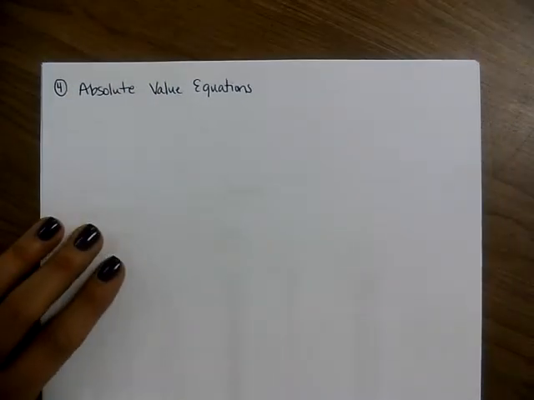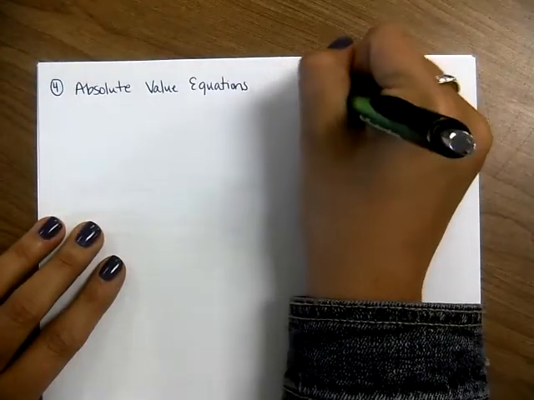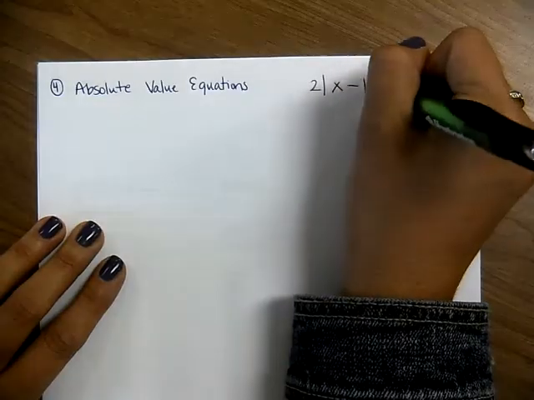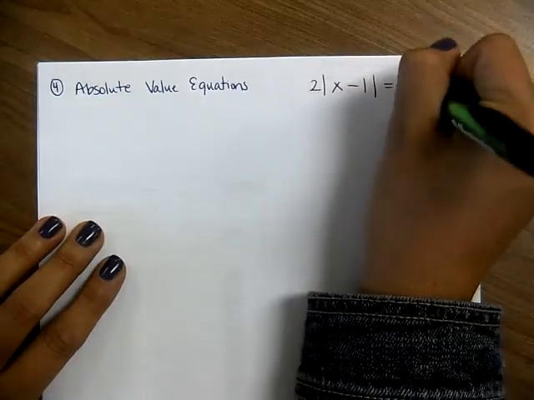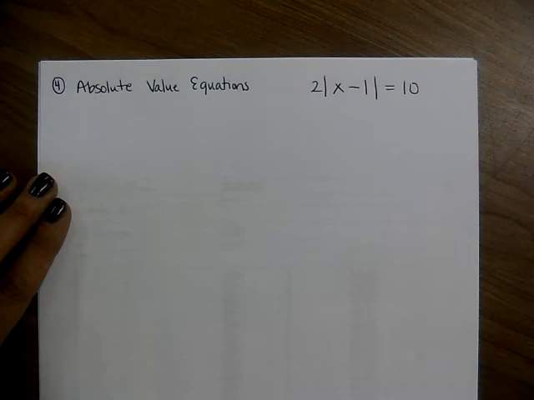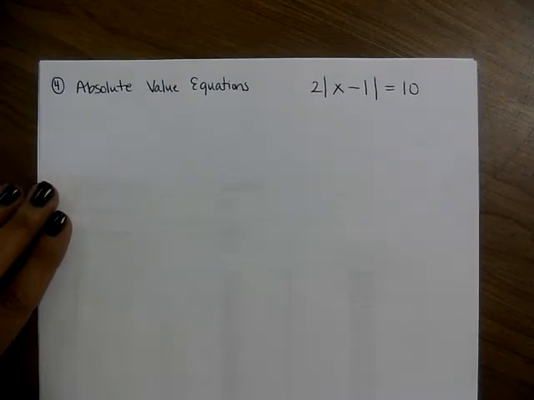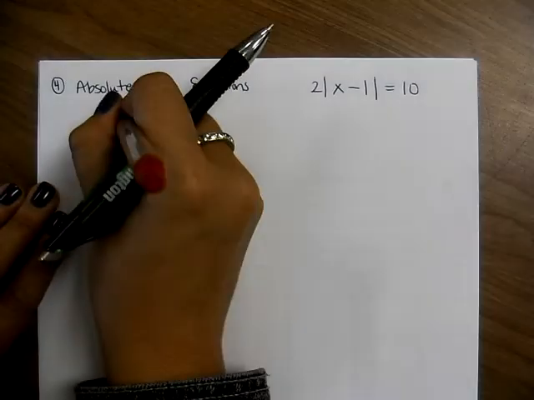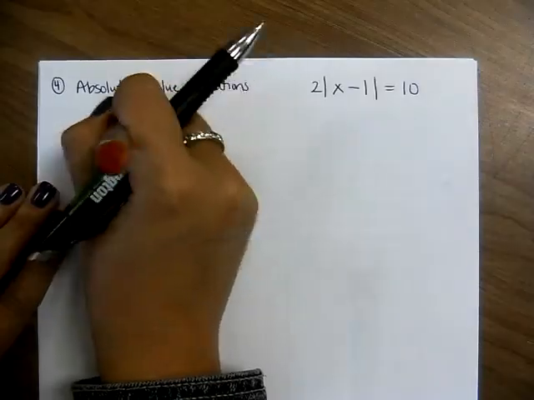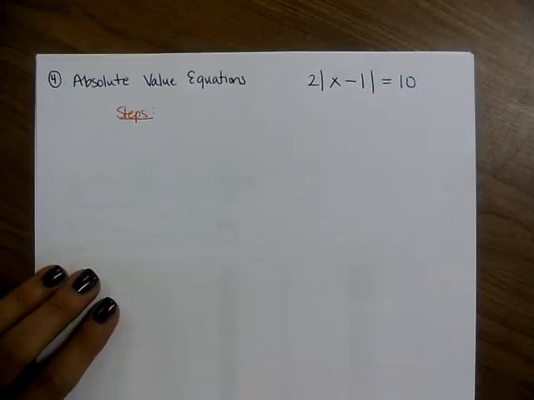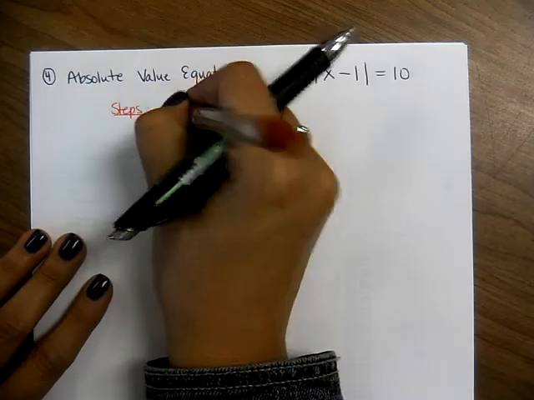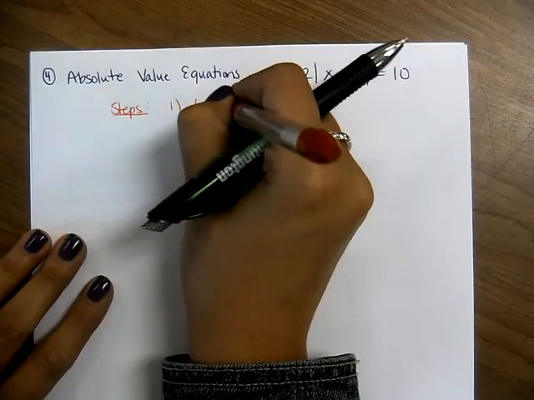Okay. So an absolute value equation might look something like 2 times the absolute value of x minus 1 equals 10. There are steps for this one. Step 1, you need to isolate the absolute value.